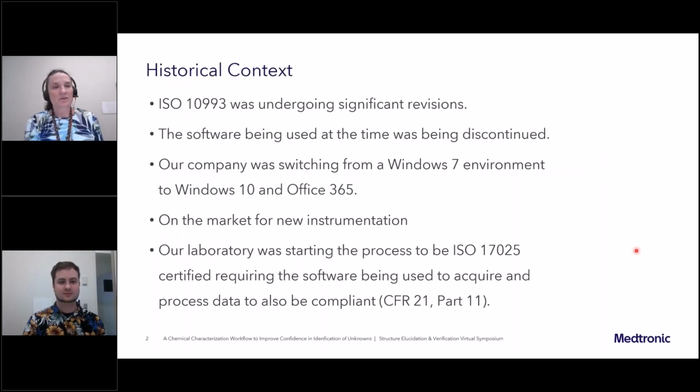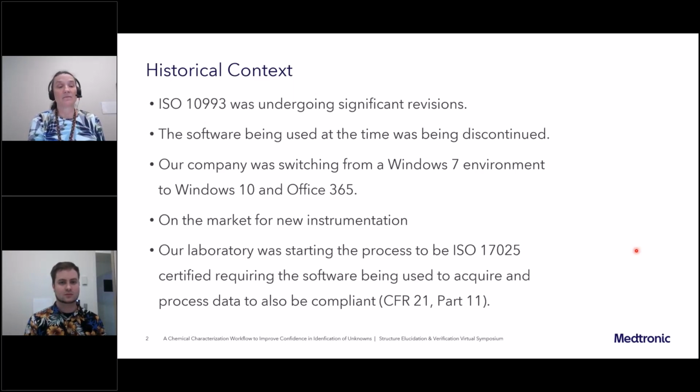So to give a historical context of how we got to this place in time, ISO 10993 was undergoing significant revisions back in 2017, I believe was when that process started. And we were starting to see what the proposed changes were going to be.